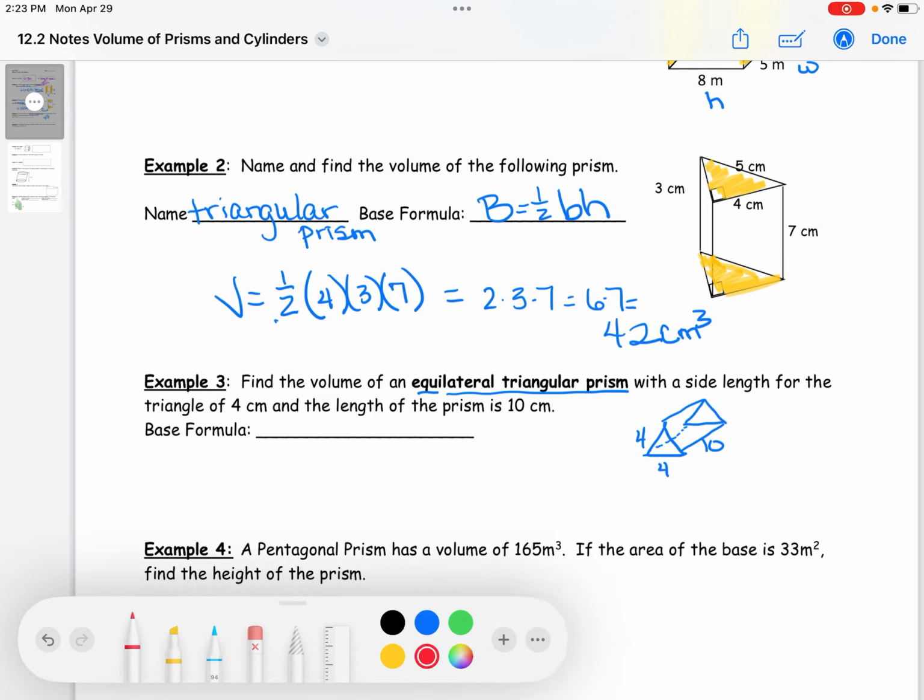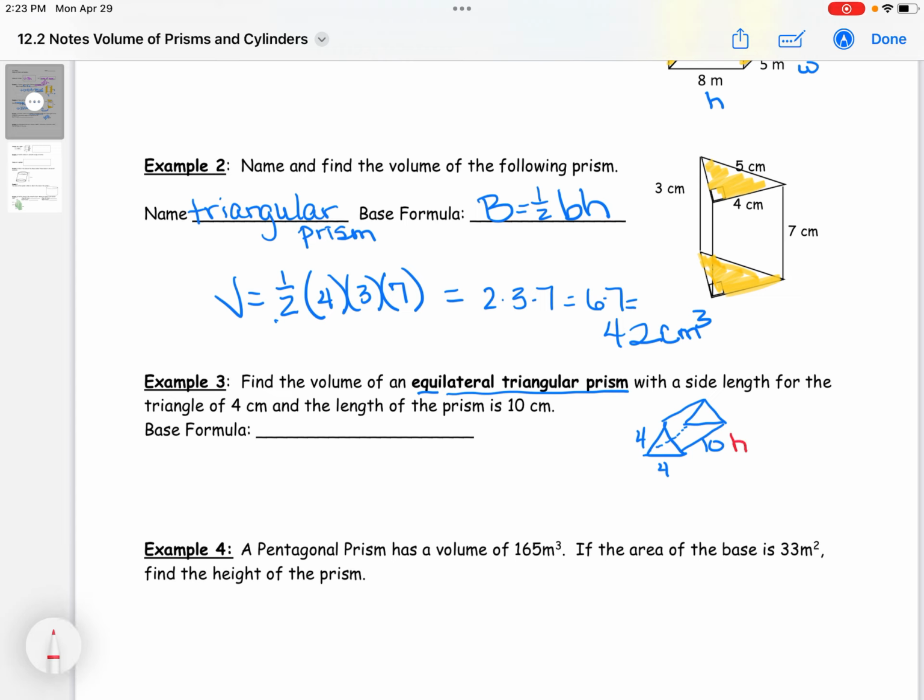So I'm going to call 10 my height. The base formula is 1/2 base times height. I'm going to have to do that triangle, which everything's 4, and I'm going to need to find the height, which is a 30, 60, 90.